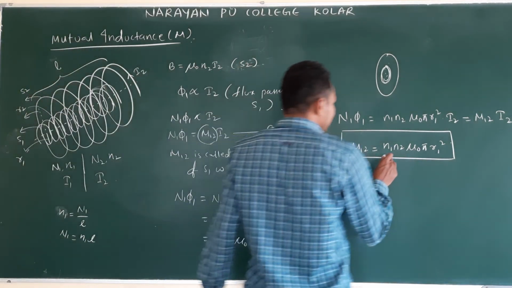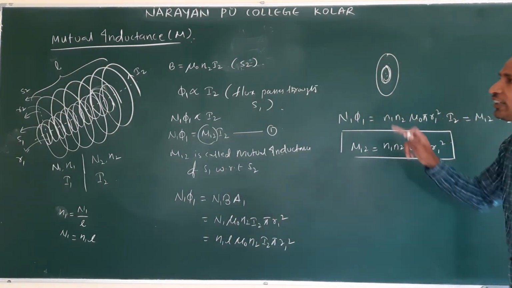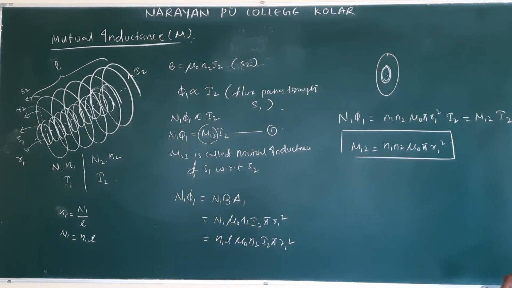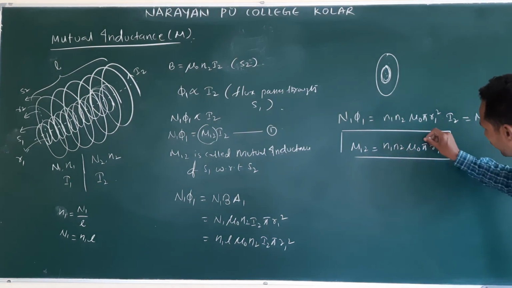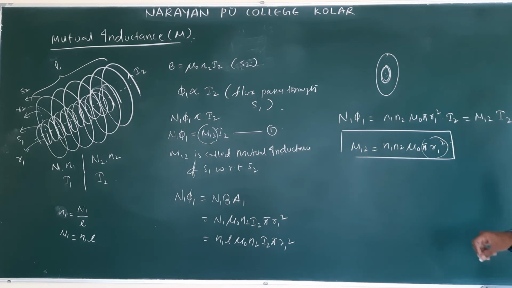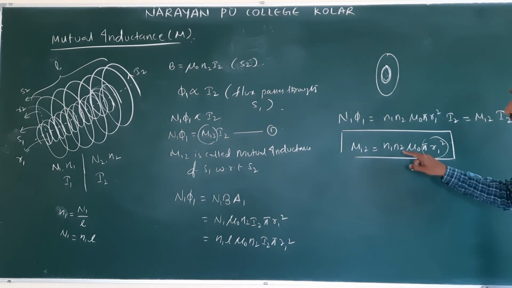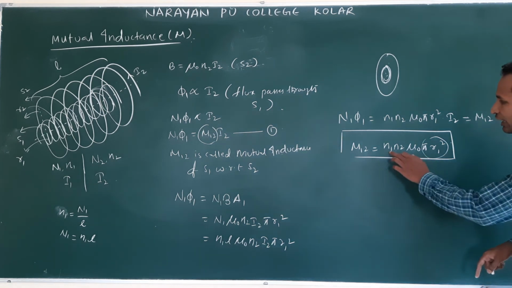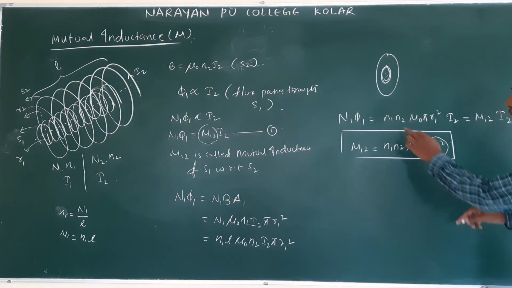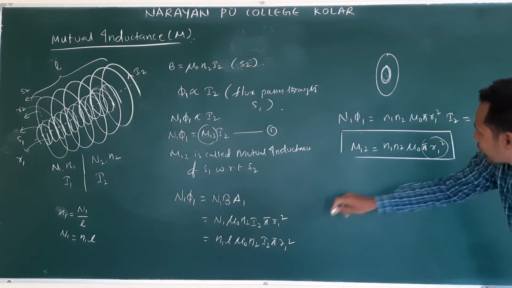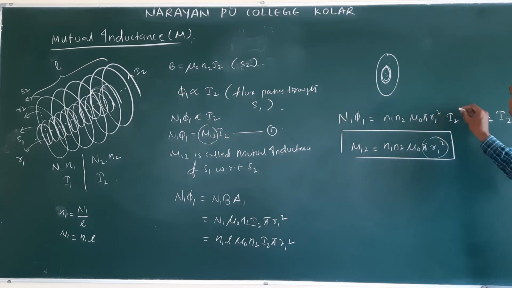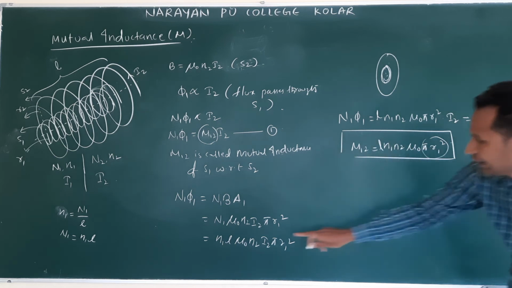I already said it depends on the geometry of the coil. Here, see, geometry has come, area; not current, not flux. It depends on n1, n2, and L also is there.